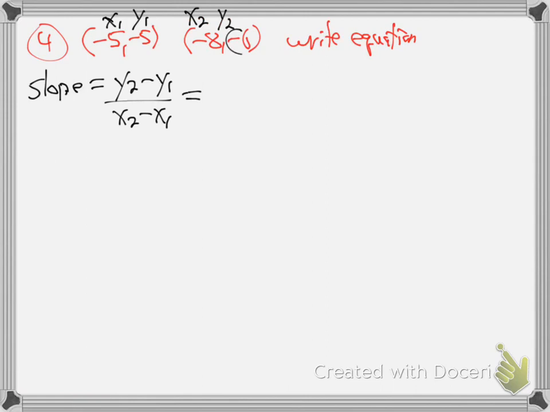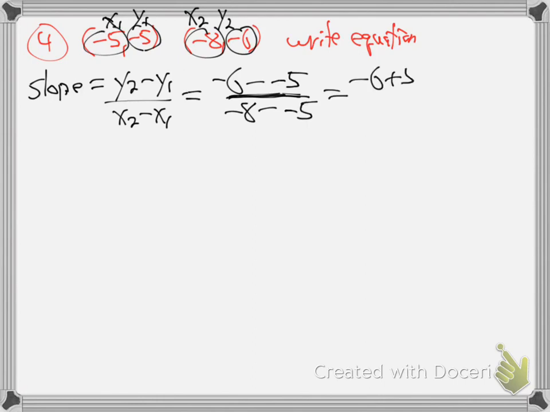So y2 minus y1. Got double negatives there, right? The negative from the formula and the negative from the plug-in, over x2 minus x1. So that's minus 6 plus 5 over minus 8 plus 5. It's minus 1 over minus 3, 1/3. So the slope is 1/3.